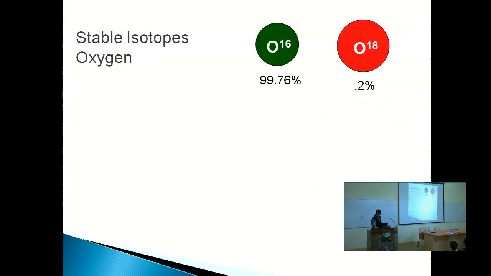There are two common isotopes which we are going to discuss in terms of thermometry: one is O16, another is O18. The abundances of these in nature, in all materials, are roughly 99.76 and 0.2 percent, and the rest is O17, which we are not discussing because it is very small.